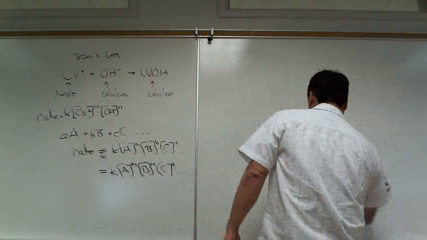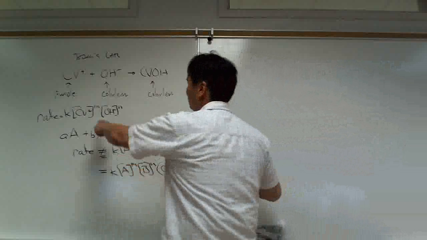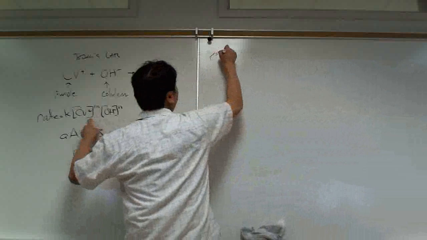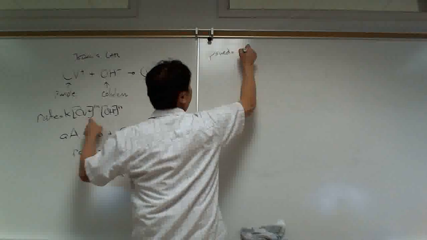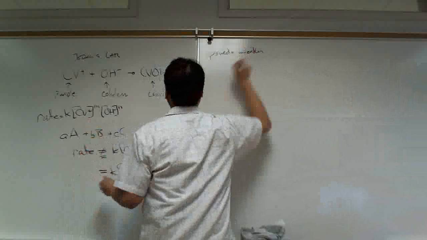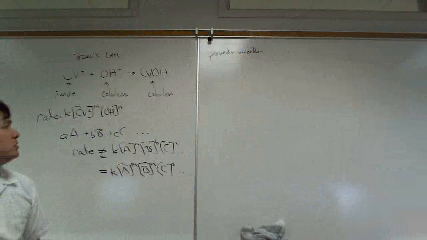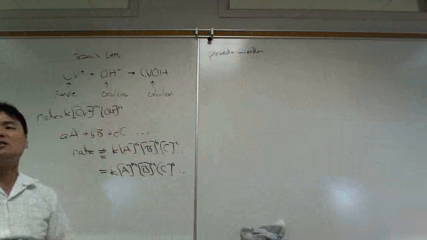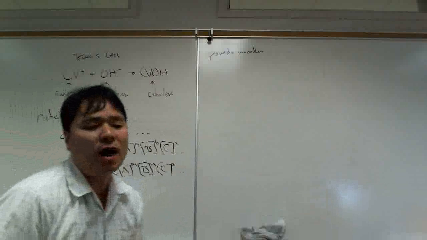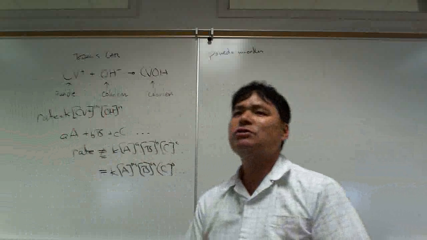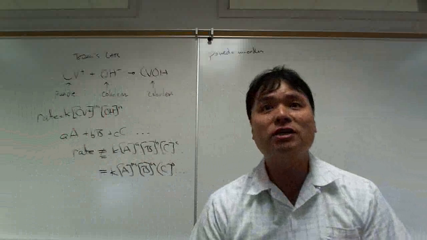Let's start off with M. So if we make this pseudo M order, what do we need to do? Yeah, what we're going to do is we're going to just use a very high concentration of hydroxide, so high that during the course of the reaction, it barely changes.